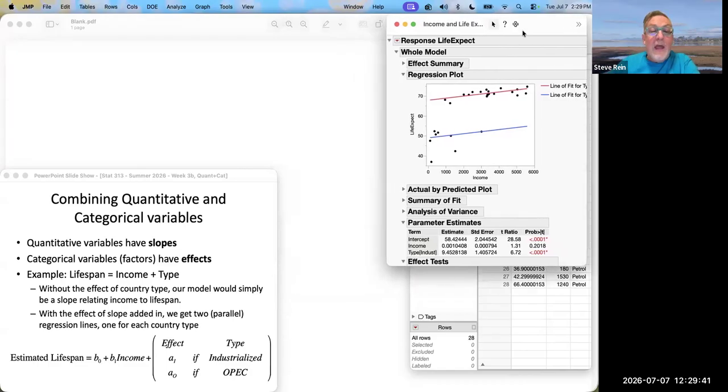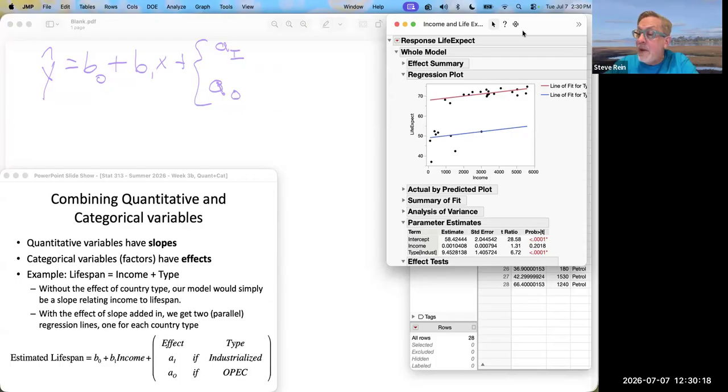It basically says, okay, we've got an intercept, which is 58 in our case, but I'm going to write it in general as B0. So y hat is just B0 plus B1 times X. Plus then it's going to be one of 2 different things, either the effect of it being an industrialized country, or an effect of it being an OPEC country.